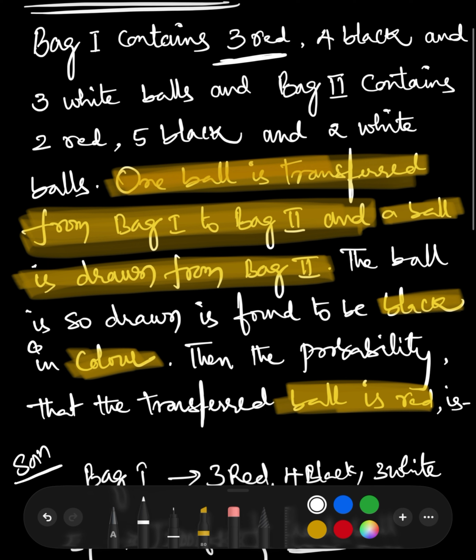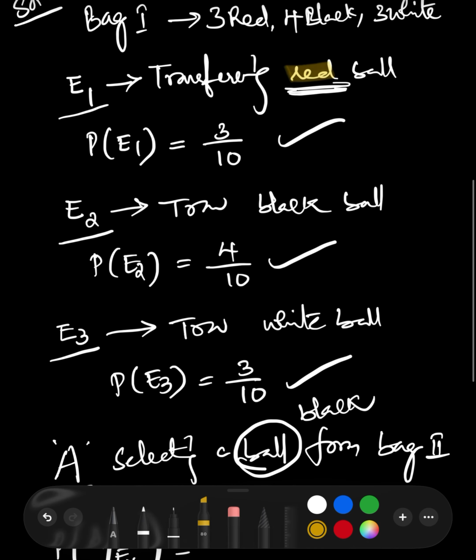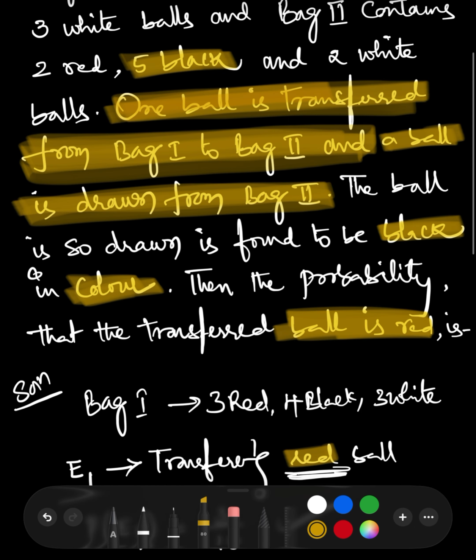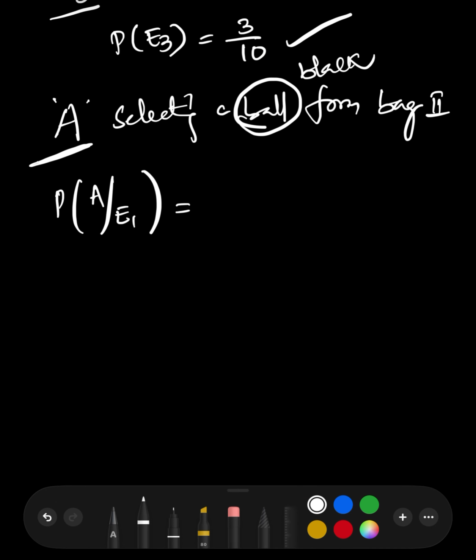So how many black balls are there in bag 2? It will be 5 only, because in event 1 we transferred the red ball, so there is no change in the black ball count. The total balls will be 10, because already 9 were there, and after transferring one ball there will be 10.